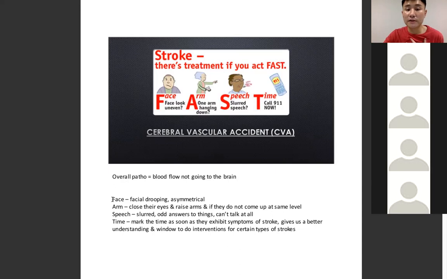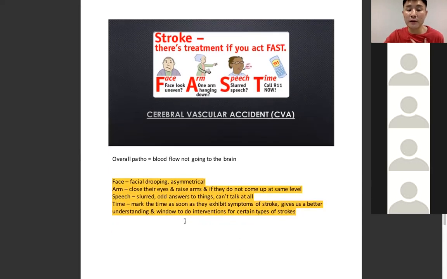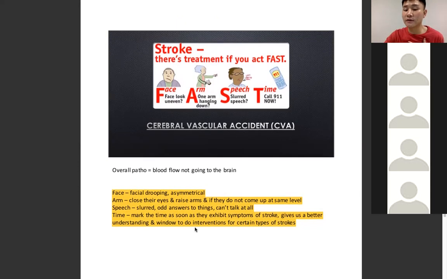So yeah, this is just what you guys should know. We need to make sure that we mark the time as soon as they exhibit symptoms of stroke, because it will give us a better understanding and the window to do the intervention for certain types of stroke. For certain types of stroke, we will give them medications, and this medication is required within a certain time window.